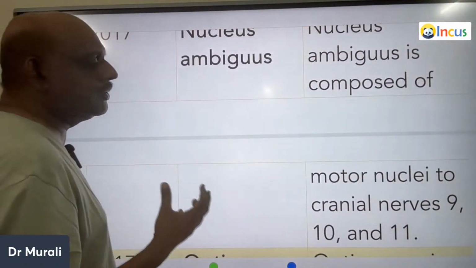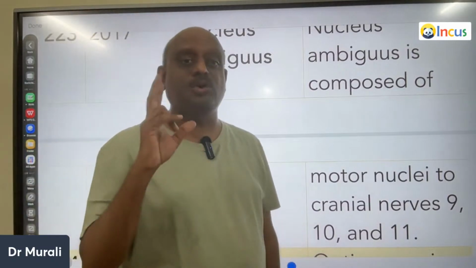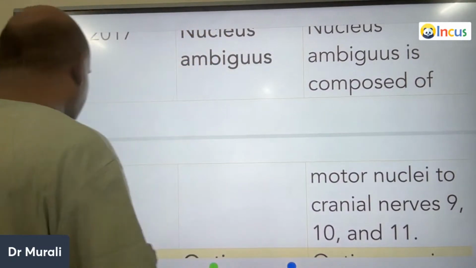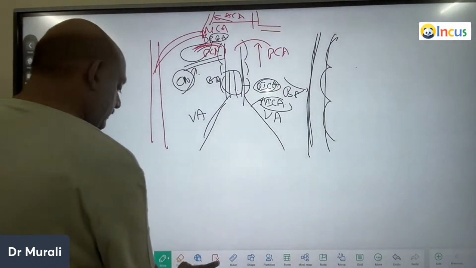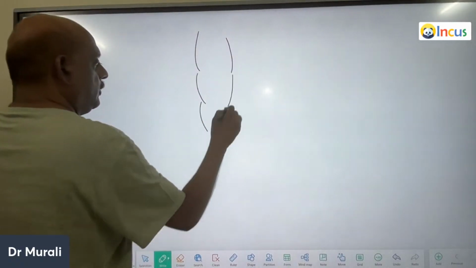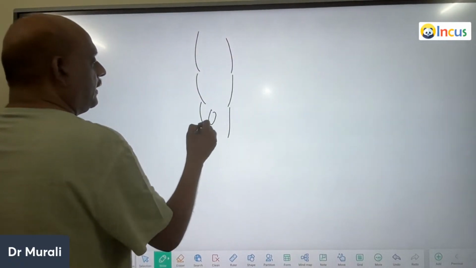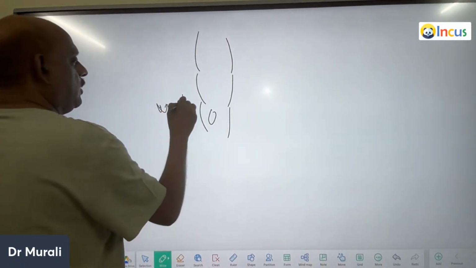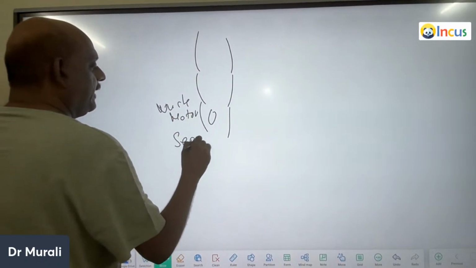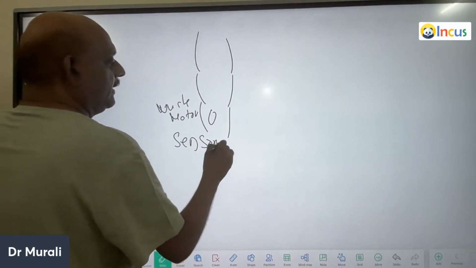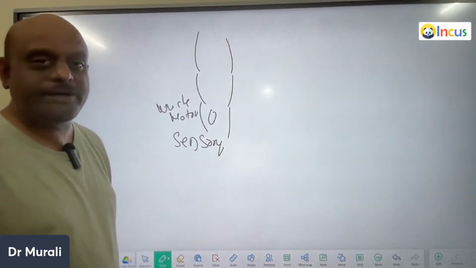So, what is nucleus ambiguus? There are two things that you need to know, doctor. In the brain stem, precisely speaking, you have some of the nuclei which are called motor nuclei and sensory nuclei. In that, you need to know two important nuclei.